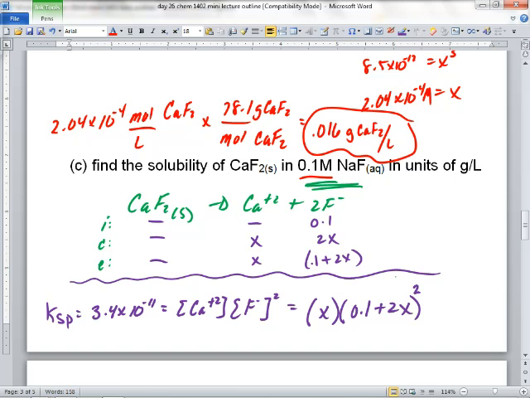So now we can drop the x. Notice how now 0.1 looks like a small number, but it's not. If you're talking about 10 to the negative 11, this is only 10 to the negative 1, right? It's what? 100 billion times smaller is x, so nothing. We can drop that 2x. Notice this x in front. You can't drop it. There's nothing to drop.